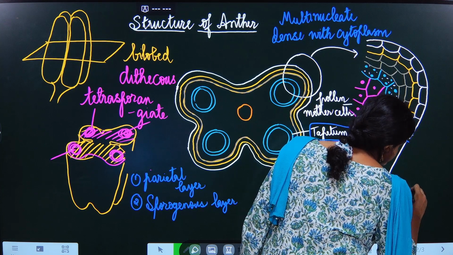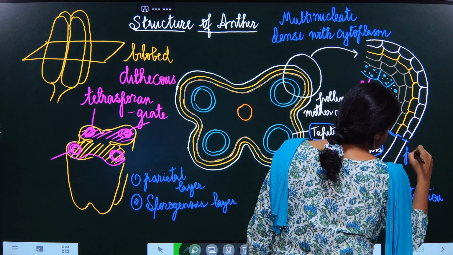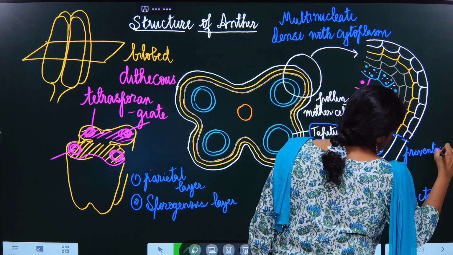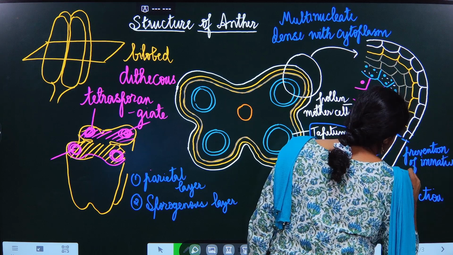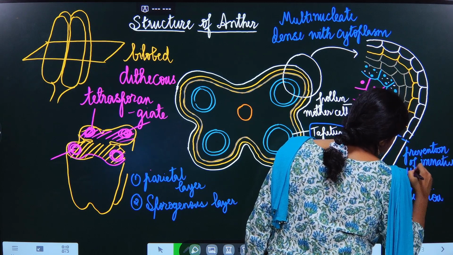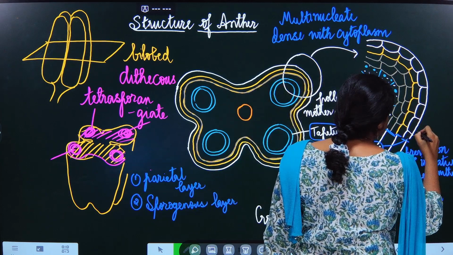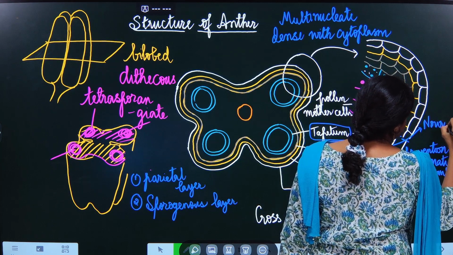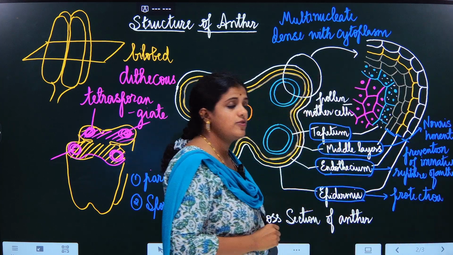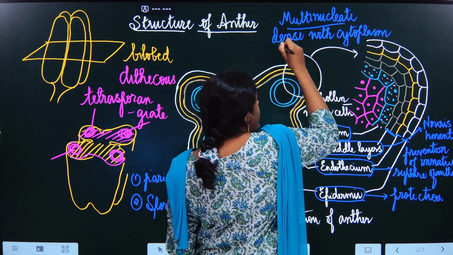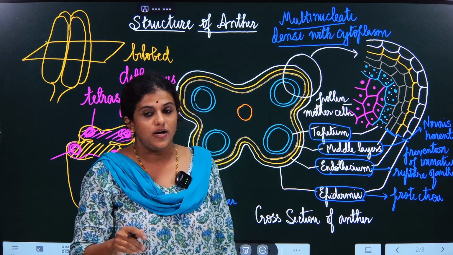Epidermis is for protection, and endothecium is for prevention of immature rupture of the anther. The middle layer is for nourishment, and lastly tapetum, the most important layer, which is multinucleate and dense with cytoplasm, is very important to provide nourishment to the anther.